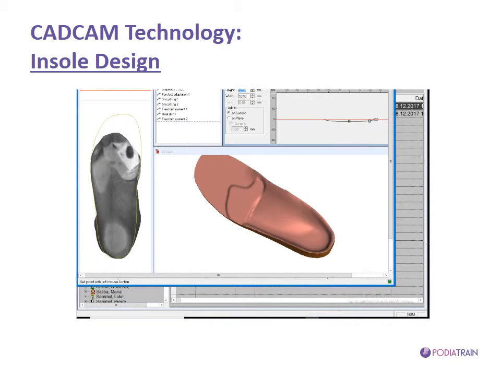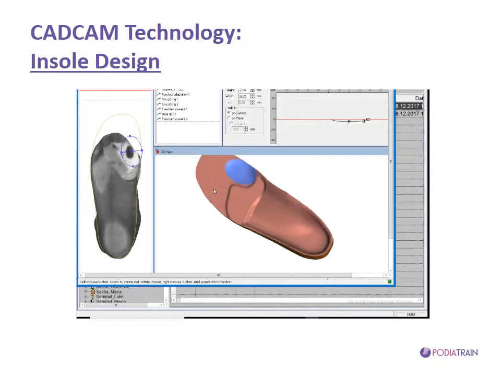And in order also to increase the effect of the padding there, we are going to do what is known as a punctual correction. Basically, we're going to produce a small indentation in the insole, which I am placing exactly in the area of interest.